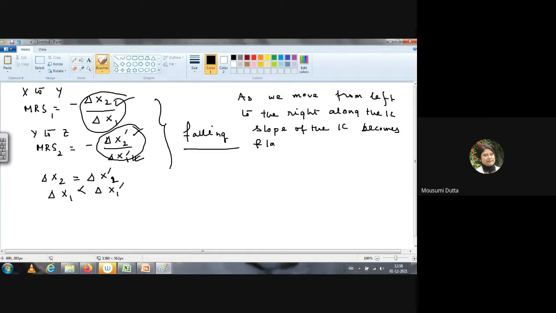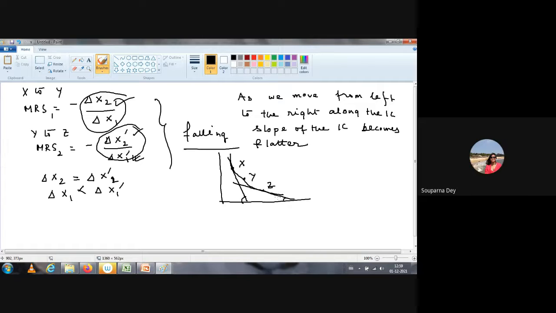can we write this line? As we are moving from this towards this, the slope of the indifference curve, is it becoming flatter? Yes, ma'am.